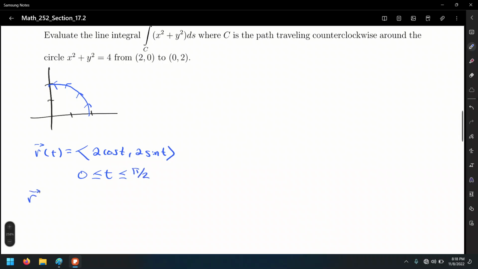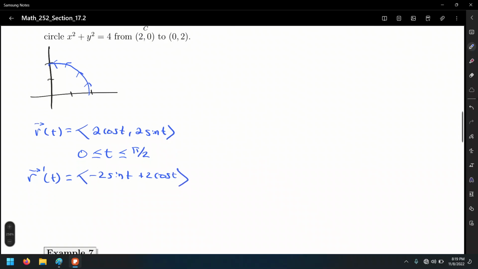That is, the derivative r prime of t equals (negative 2 sine t, 2 cosine t). And let's find the magnitude of this derivative. So that's the square root of negative 2 sine t quantity squared plus 2 cosine t squared.